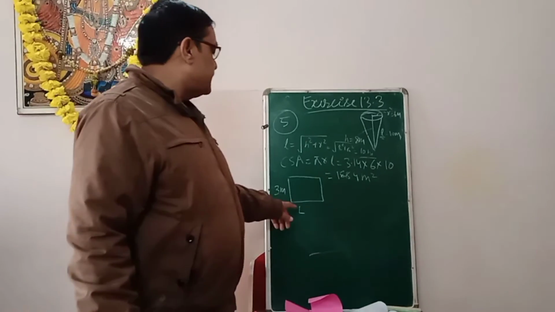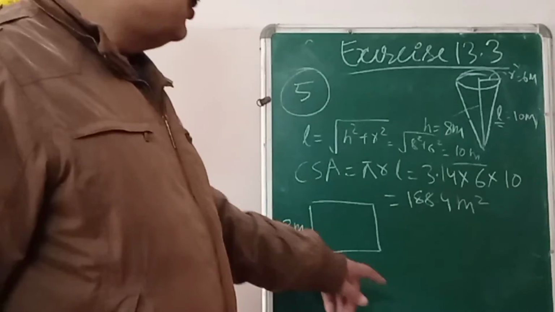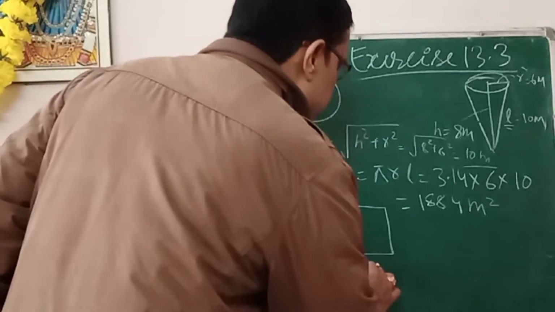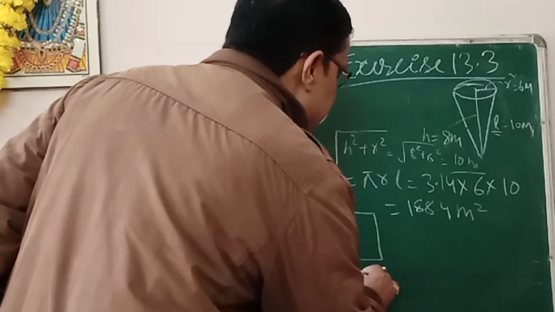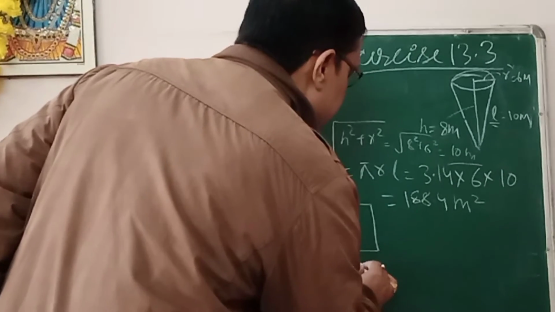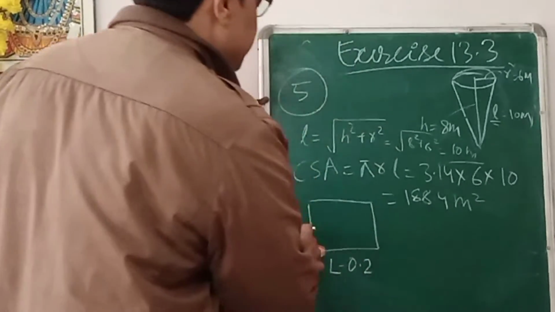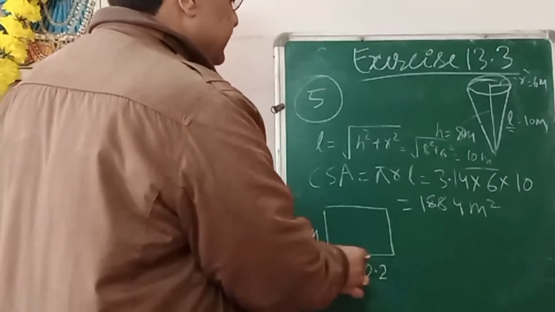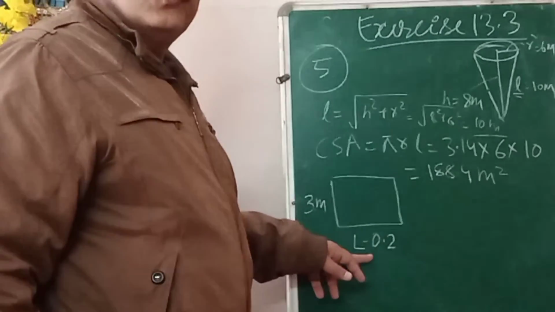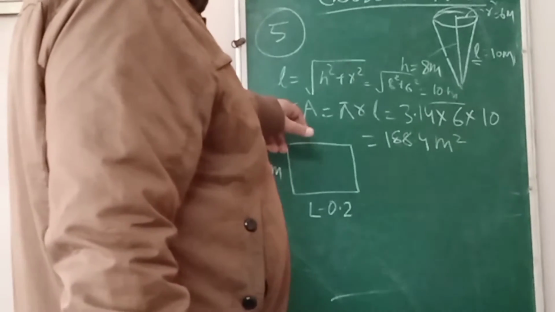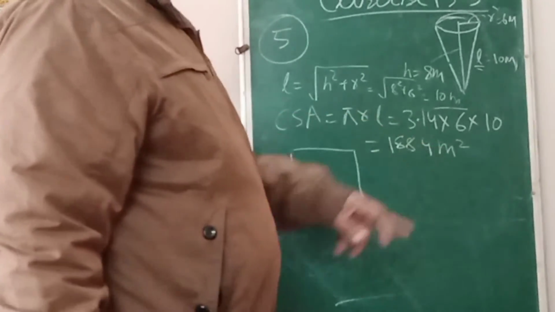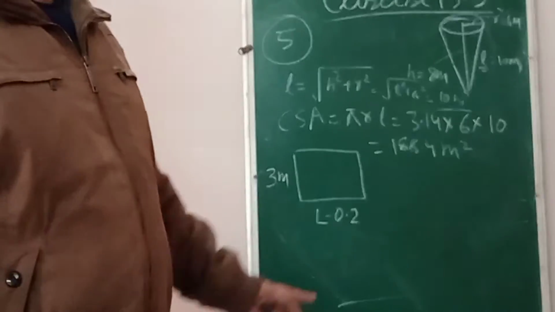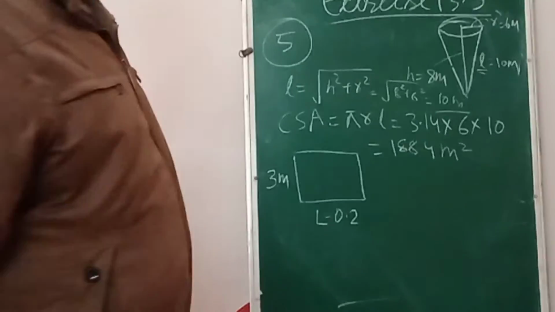But if we purchase L meter, 20 centimeter will go waste. So actually we will be using L minus 0.2, because I am making 20 centimeter into meter. So this actual length that will be used for making this area of 188.4 meter square CSA will be L minus 0.2, because 0.2 will go waste in stitching.